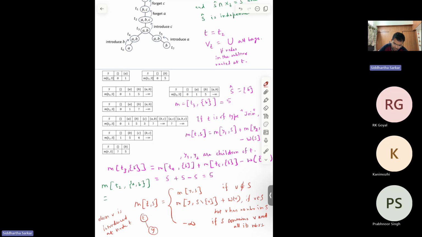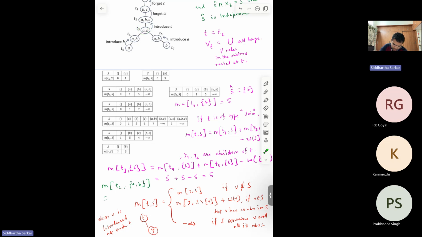Okay, so which case applies here? We have T2, an introduced node where C is introduced, and S is AB, so C is outside of S, so the case V not in S is applicable. So we can simply take M of Y, S, where Y is the child. What is the child? The child is T3.